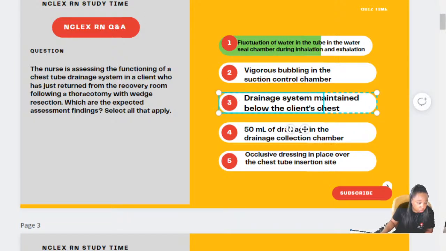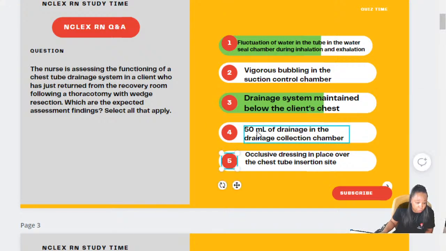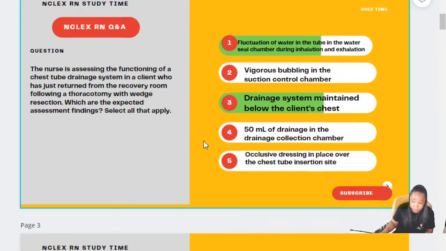Let's change the color just for you to remember. What do you think about number 4? Number 4 says 50 ml of drainage in the drainage collection chamber. Do you think that's the right amount? Drainage that is more than 70 to 100 ml per hour is considered excessive.